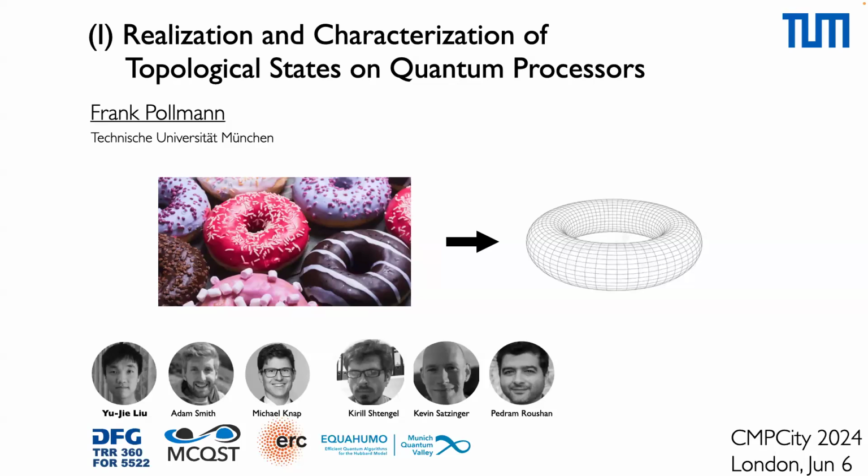So what I want to look at is some sort of stripped down version of a topologically ordered system, made as simple as possible so that we still have something non-trivial to look at. And then I want to show that using these stripped down versions, we can actually put it on current hardware and see some of the hallmarks of topological phases of matter.